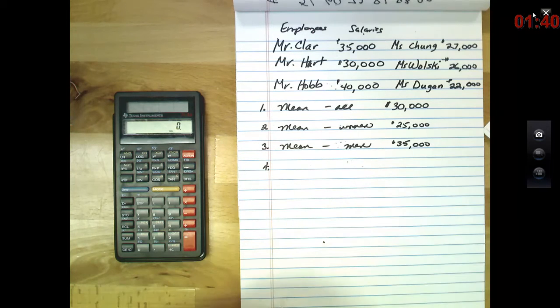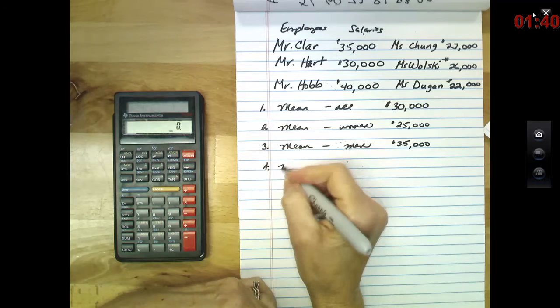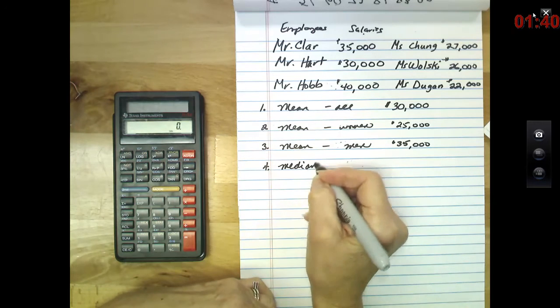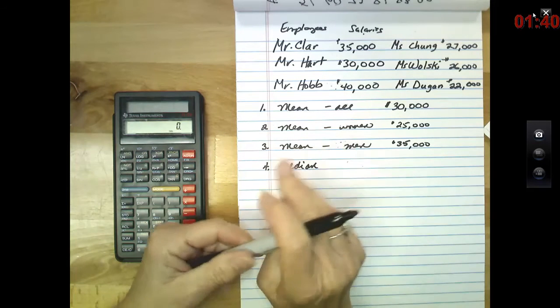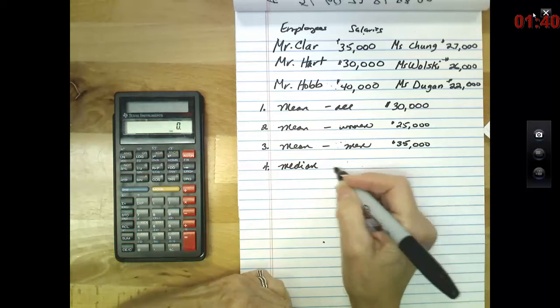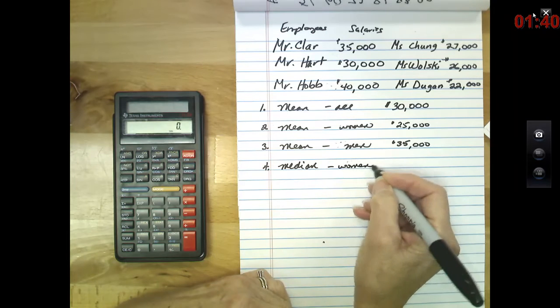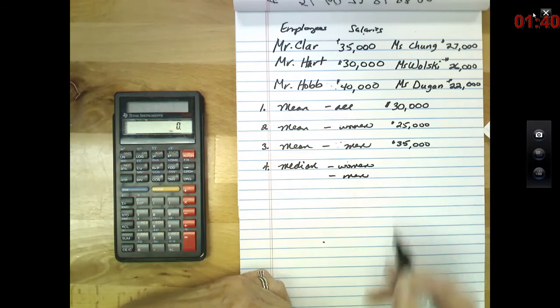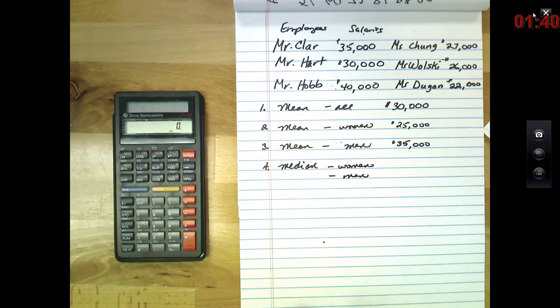Okay, all right, find the median for the women and for the men, the median salary.